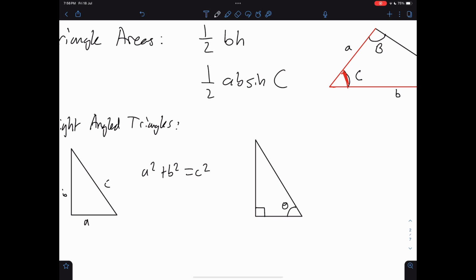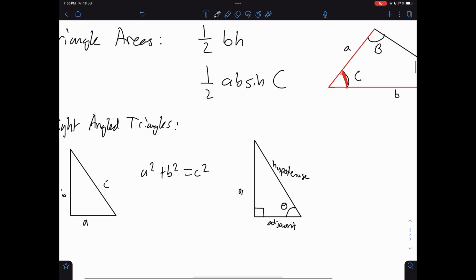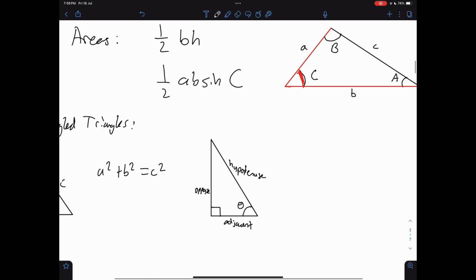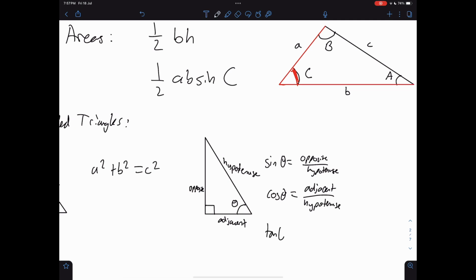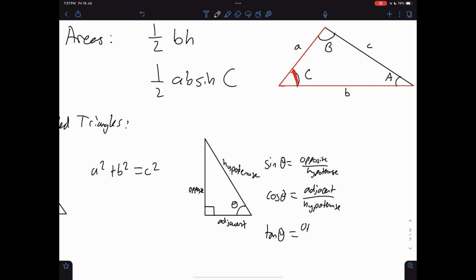So if we label our theta here, we know that the side opposite the right angle is the hypotenuse, then the non-hypotenuse side adjacent to the angle is adjacent, and the other one is opposite. And remember, sine of theta equals opposite over hypotenuse. Cosine of theta equals adjacent over hypotenuse. And tan theta equals opposite over adjacent.